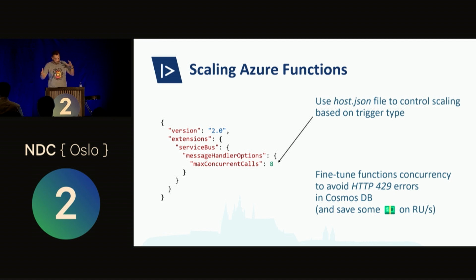So for example, in this case we have a service bus that's sending messages to this function that is storing the data into the database, and we said whatever is in the queue, no problem with that. You will just have a maximum of 8 concurrent calls, and do your job. And so we are able to save some money on the request units on Cosmos DB.